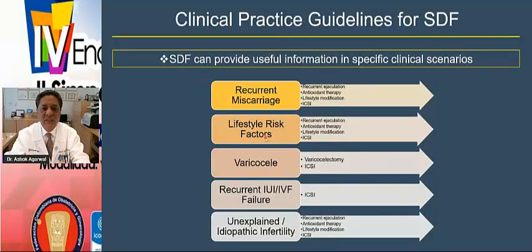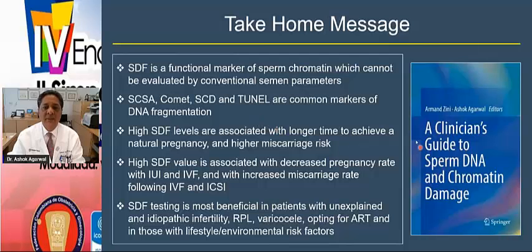Here we can see the different clinical scenarios where we should be using this test: recurrent miscarriage, lifestyle risk factors, antioxidant therapy, lifestyle modification, varicocele after varicocelectomy, ICSI, recurrent IUI or IVF failure, and also in unexplained idiopathic infertility patients. So these are the guidelines.